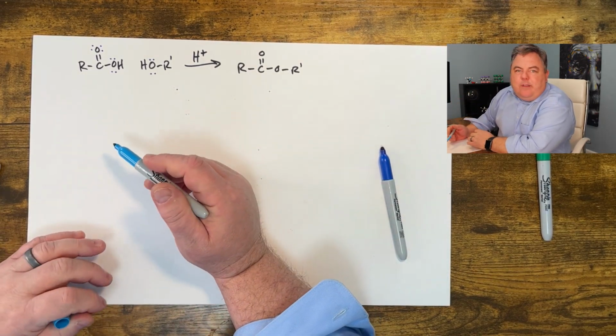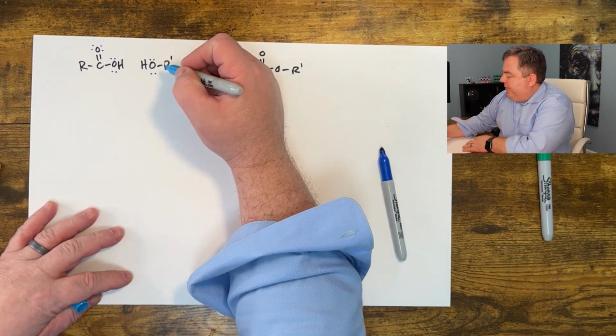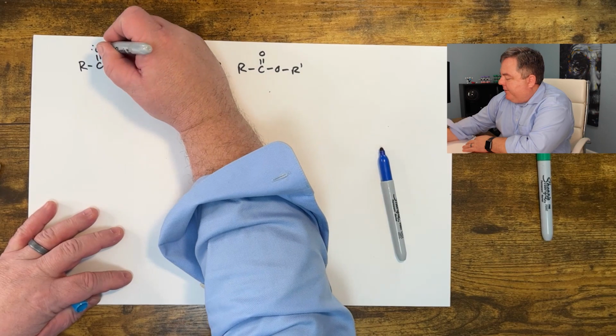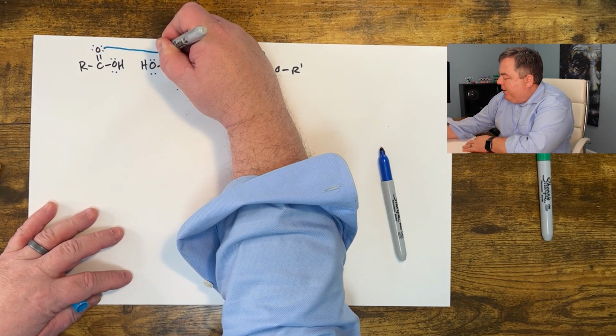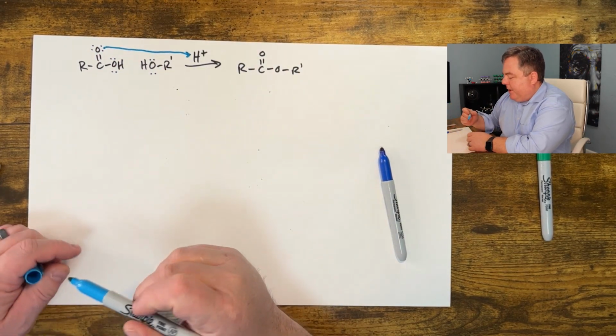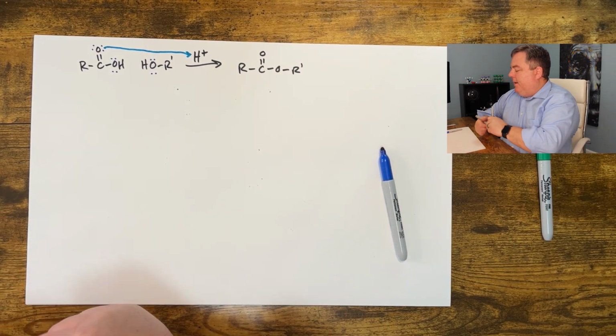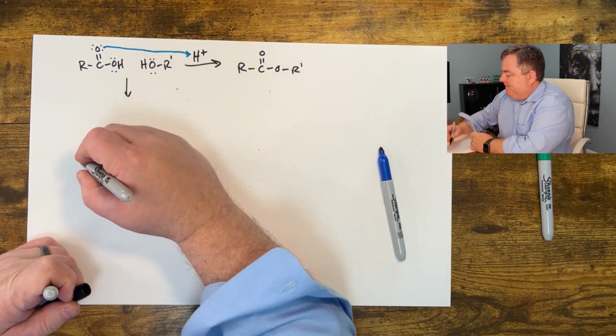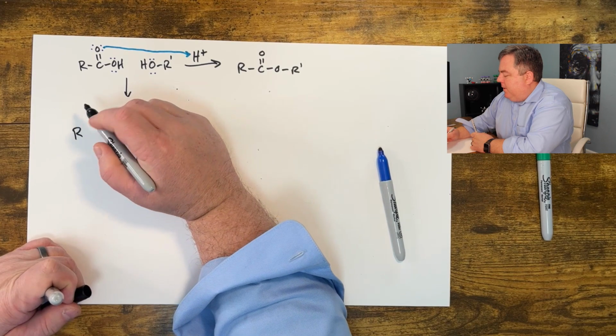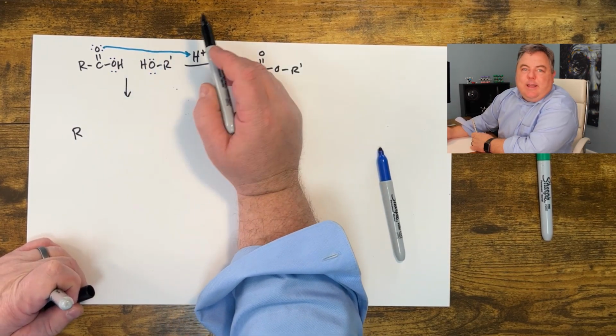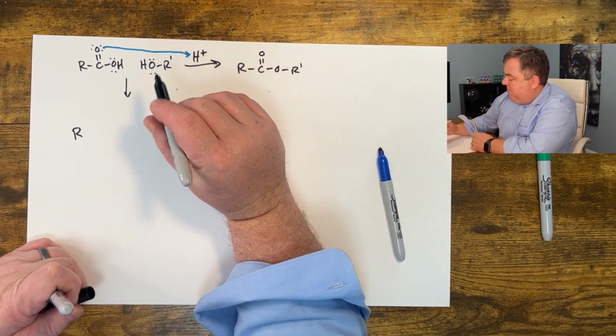And if you're going to memorize one thing in the Fischer esterification, it's that out of these different electrons, these on the carbonyl are the ones that go and grab the H plus. And let's see what that makes. So these other oxygens might grab an H plus later, okay?